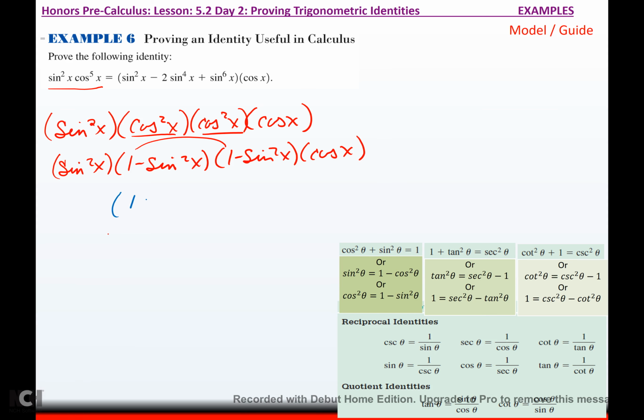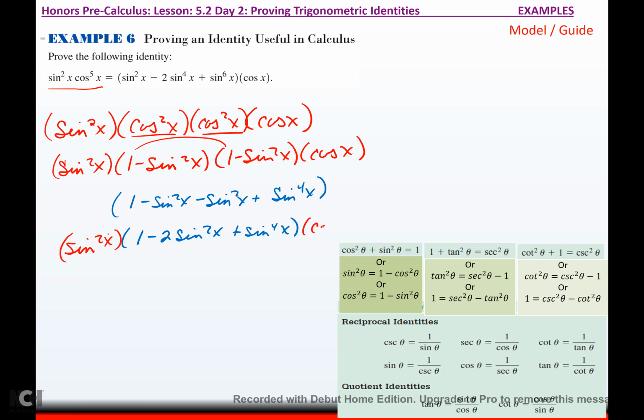I would have 1 minus sine squared x minus sine squared x plus sine to the fourth x. If I combine like terms, I get 1 minus 2 sine squared x plus sine to the fourth x. And I still have my sine squared x factor and my cosine x factor.